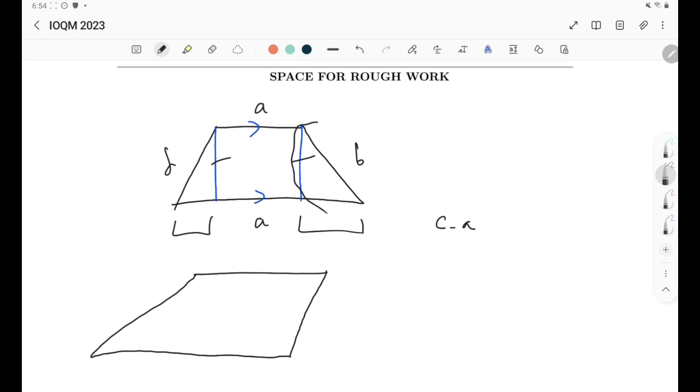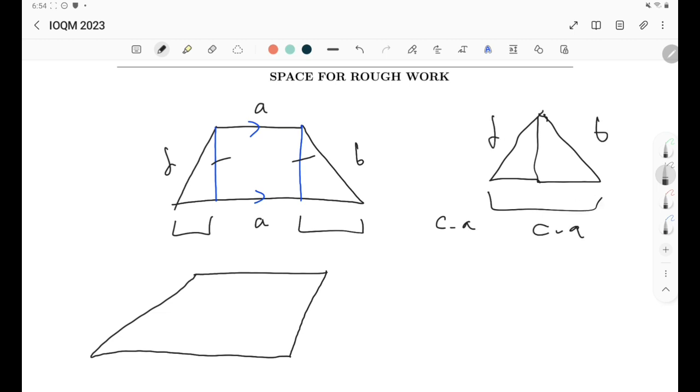So if you grab this triangle with this triangle, we're going to get this triangle. So that means this is C minus A, and B and D form a triangle, which is basically equivalent to the condition given.